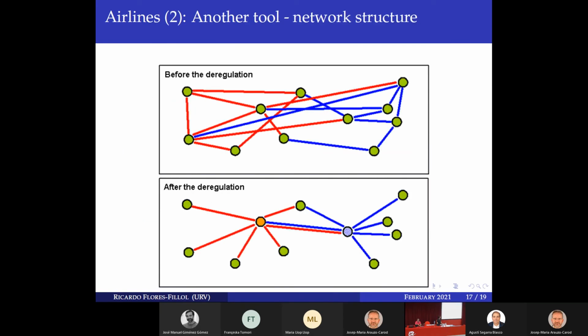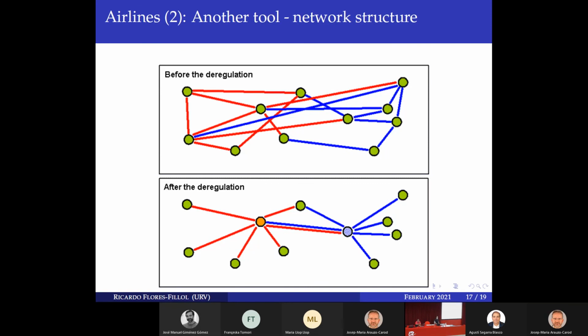And then there's another dimension with airlines, which I have conducted some research on as well, which is network structure. Now most major carriers organize their networks around hubs. Everybody knows that, right?